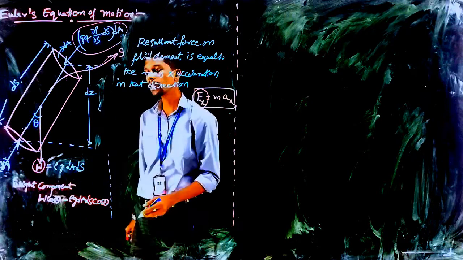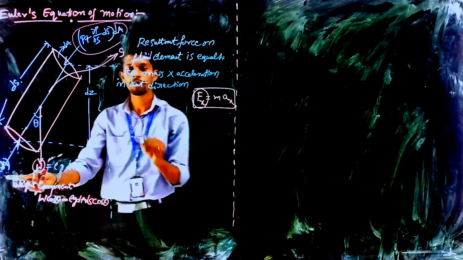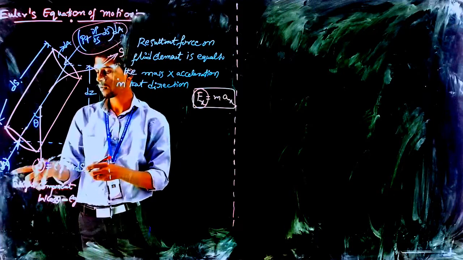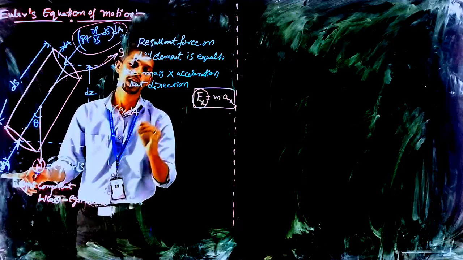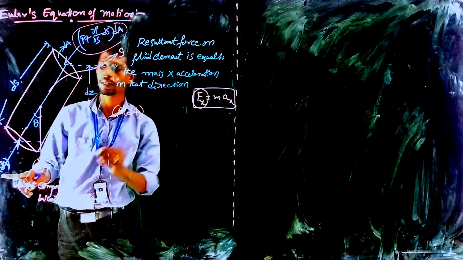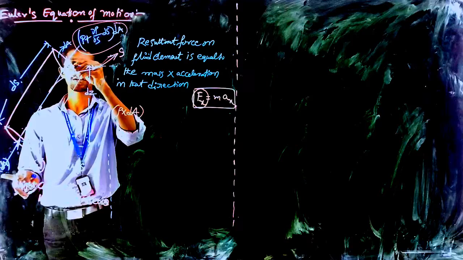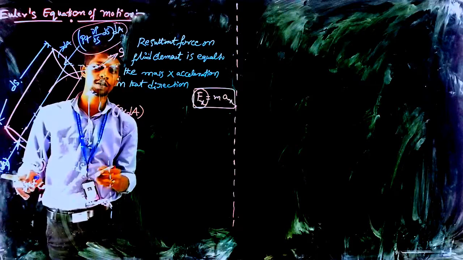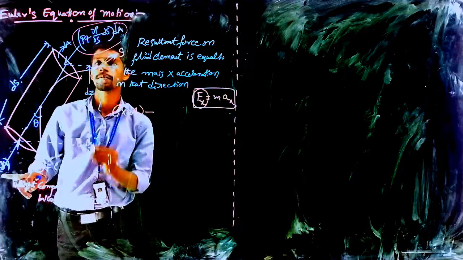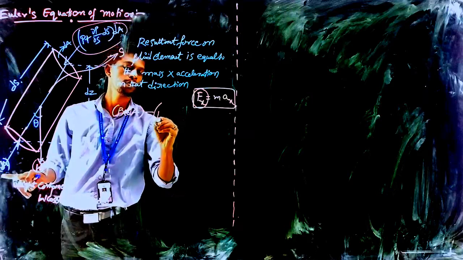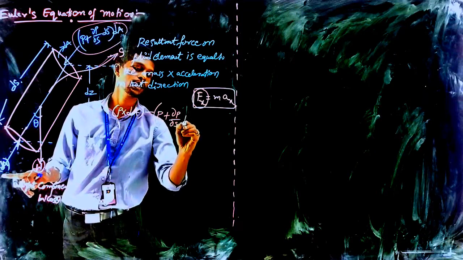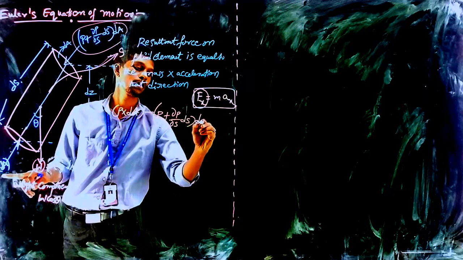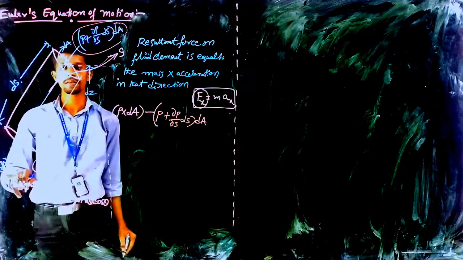So first of all, what about the net resultant force? What about the pressure on this first face? P into dA will be the pressure. And here the arrow mark is acting in the opposite direction, right? So minus P plus dou P by dou S into ds into dA, right?